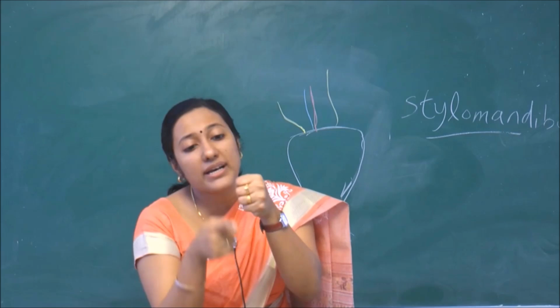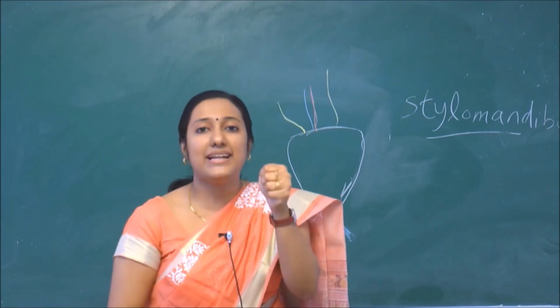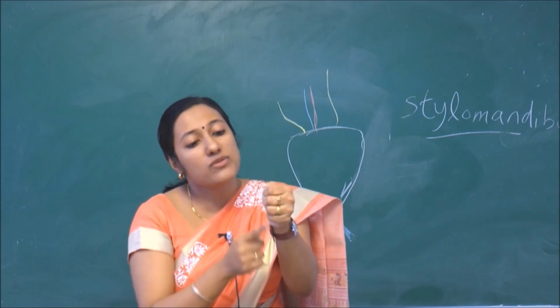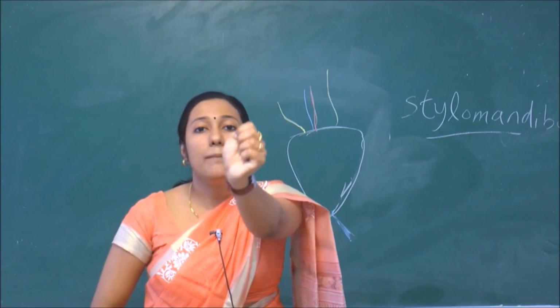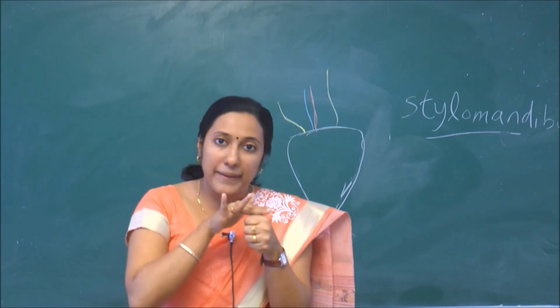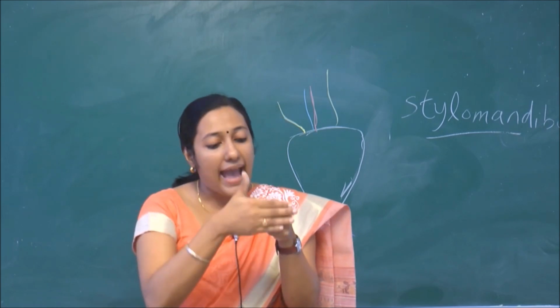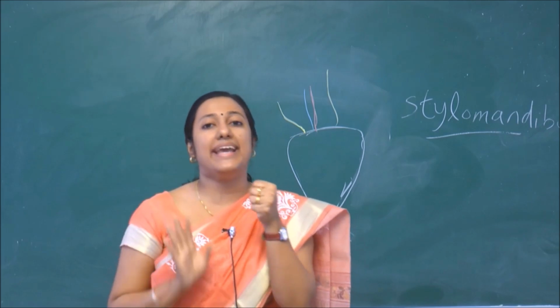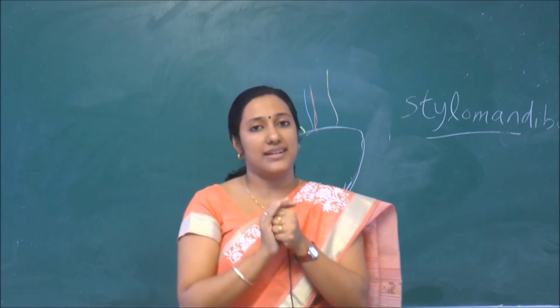Between the anterior border and the medial border, you have the anteromedial surface. And between the posterior border and the medial border, you have the posteromedial surface. So these are the surfaces: the base or superior surface, the superficial surface, the anteromedial and the posteromedial surface. All these surfaces are in relation with certain structures.